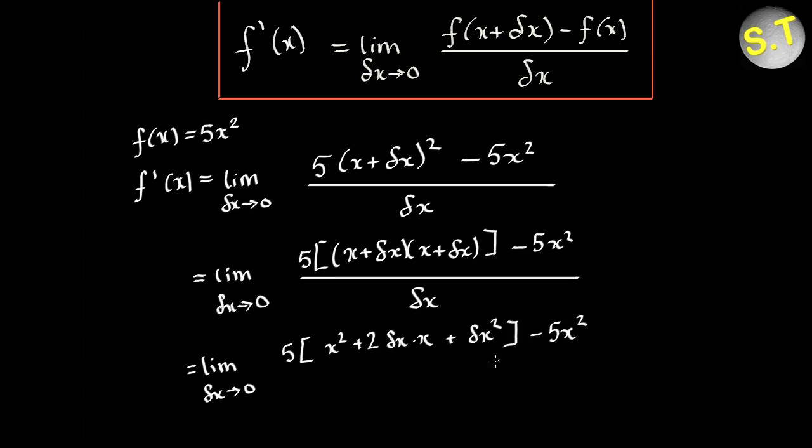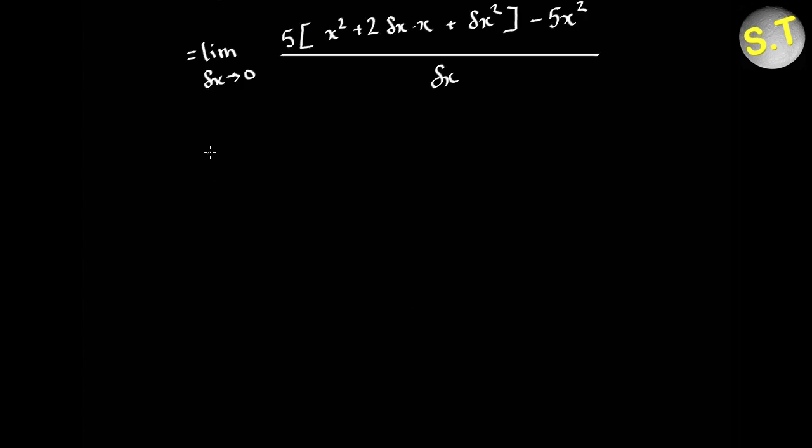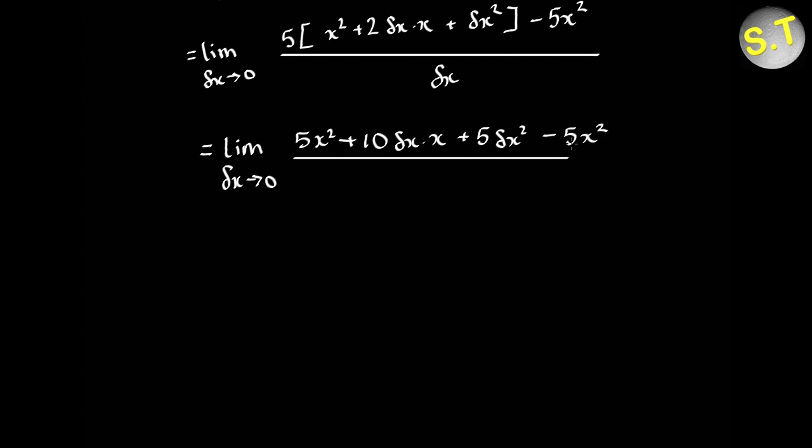And we still have minus the original function, and then divide by the small change in x. So if we keep going and expand out this bracket, we're left with the limit as some small change in x approaches 0 of 5x squared plus 10 delta x times x plus 5 delta x squared, and then we subtract, as always, the original function, divide by the small change in x.